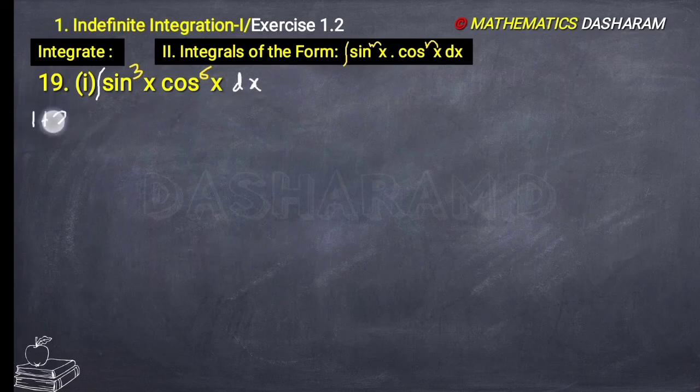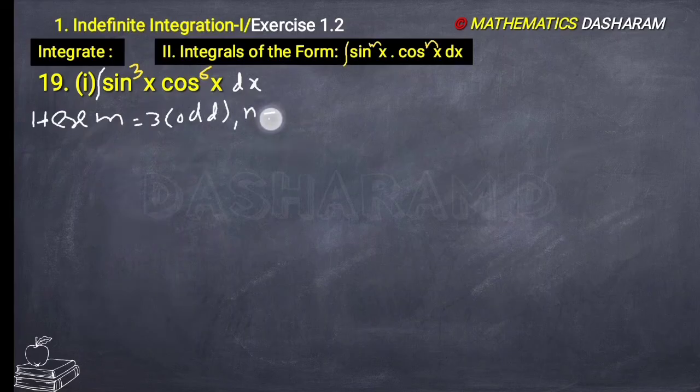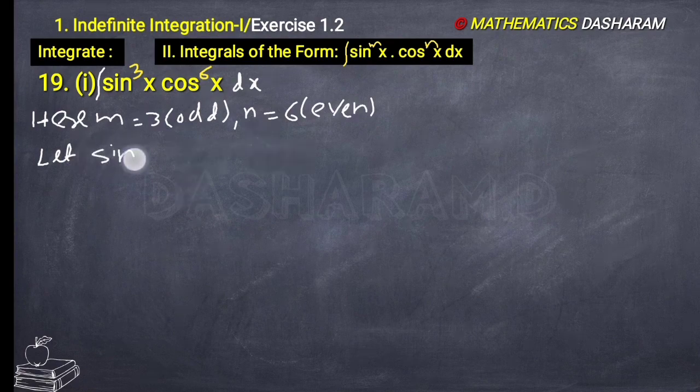So here, what is the m value? M value is 3, so it is odd. N value is 6, it is even. So anyhow m is odd. So if m is odd, then substitute cos x equals t.